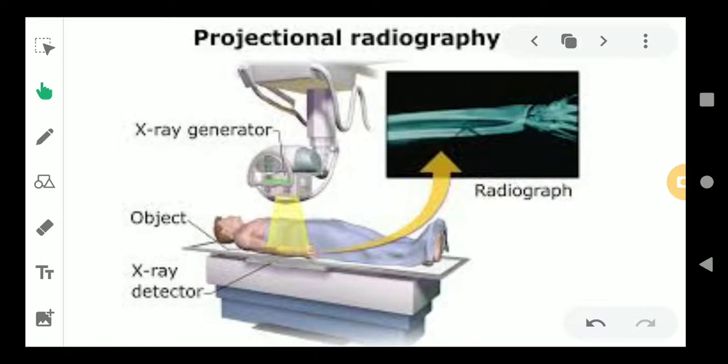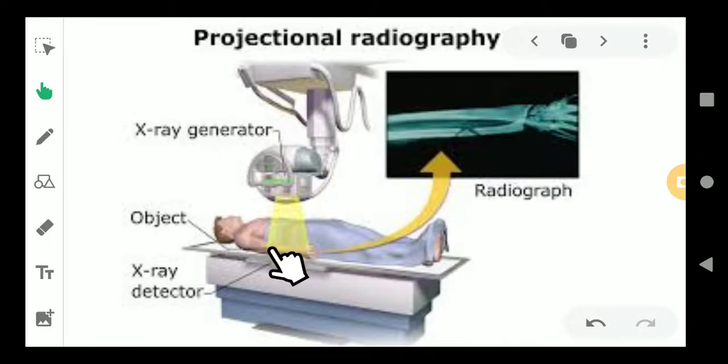Here, this is one of the latest projectional radiography methods. That means how to take radiography. Here, this is the X-ray generator, that means the machine. From here, in yellow color, you can see the X-rays coming out of the generator. Here, you place the object to take the photograph.